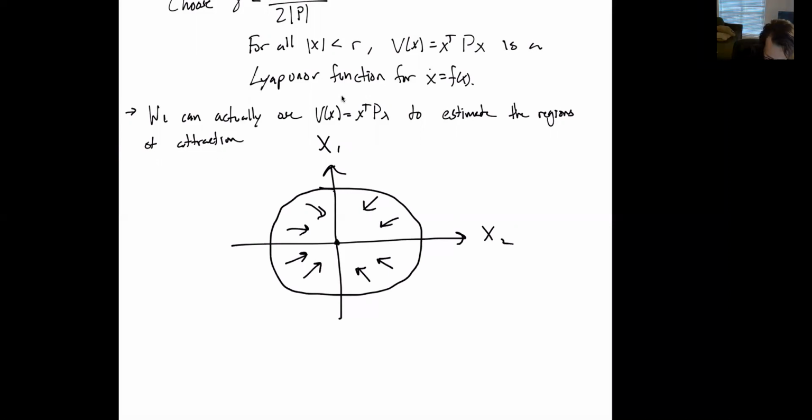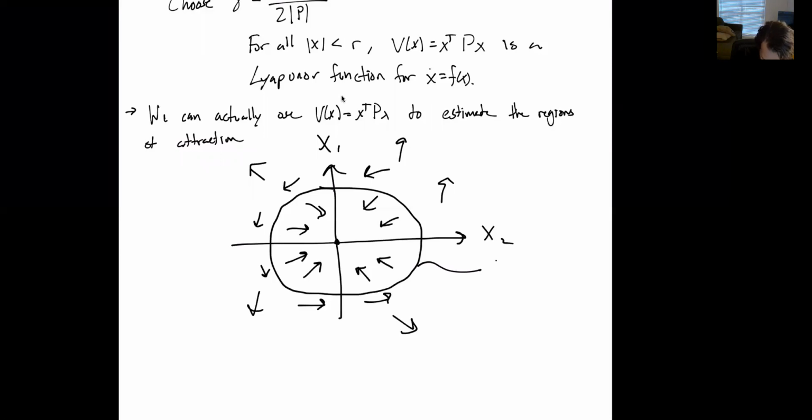Out here, it's not guaranteed that solutions will converge. We don't know what may happen out here. They could go out, they could orbit, but they will not converge. So this right here is what's called the basin of attraction.